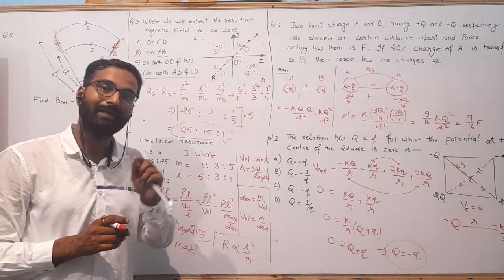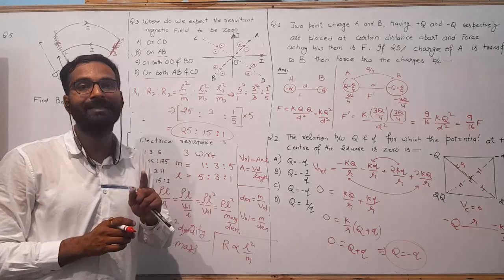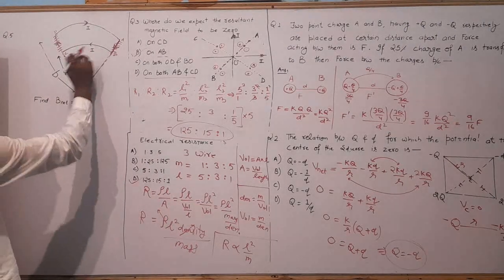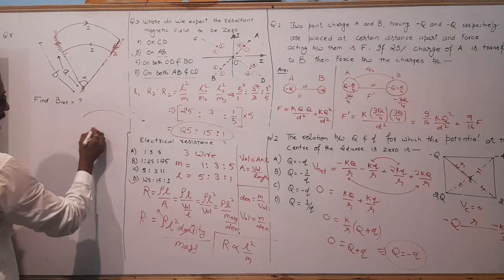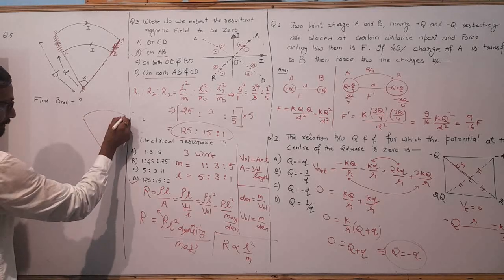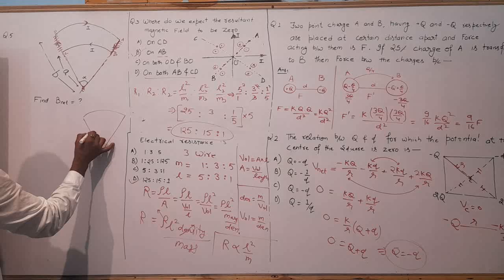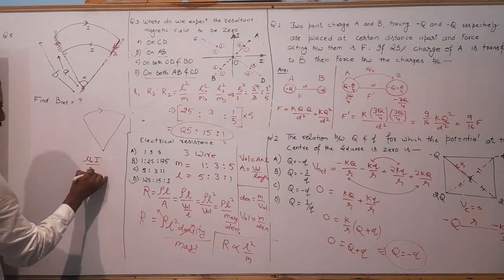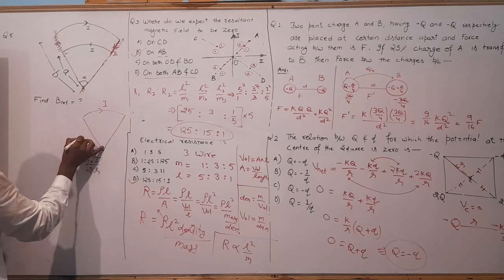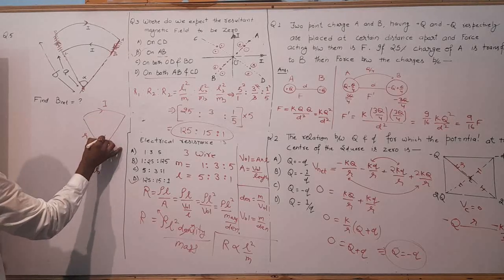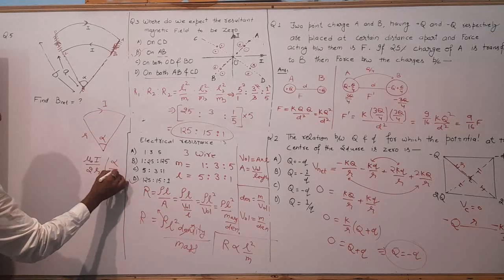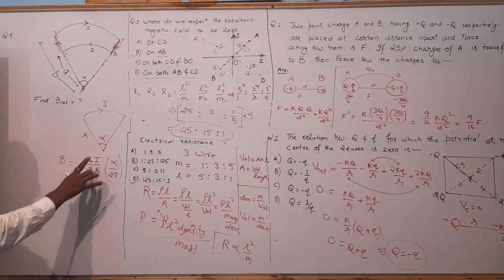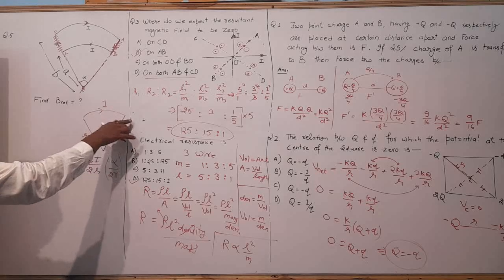Magnitude is found by the help of formulas, and direction by the help of the mind. For an arc, the magnetic field created at the center has the formula mu naught I upon 2r, where I is the current, r is the radius, and the arc subtends the angle alpha, so times alpha upon 2 pi. This is the magnetic field value at the center.